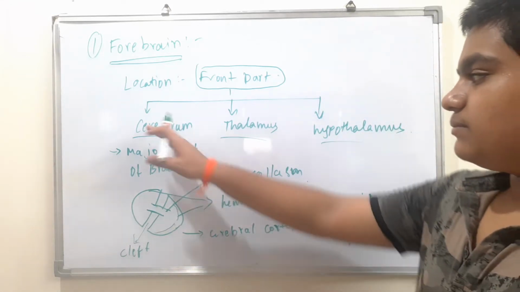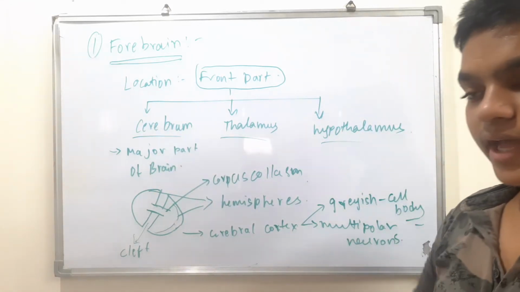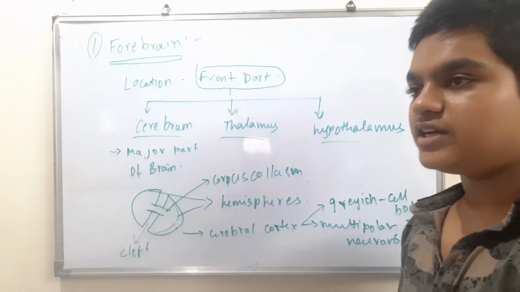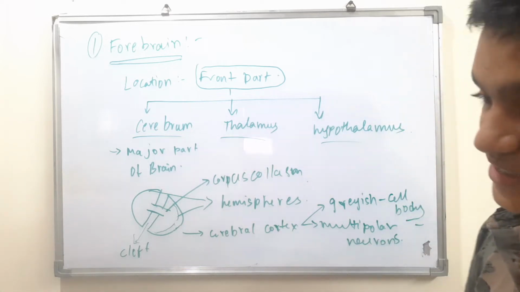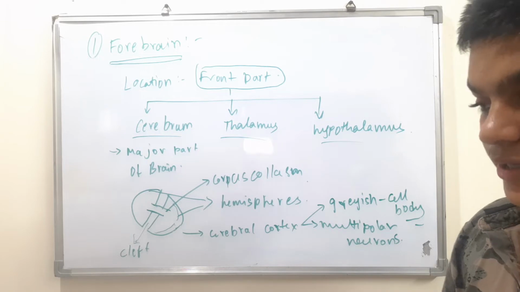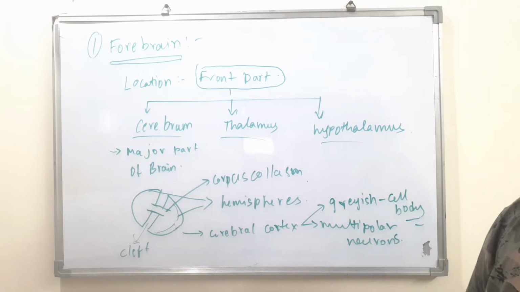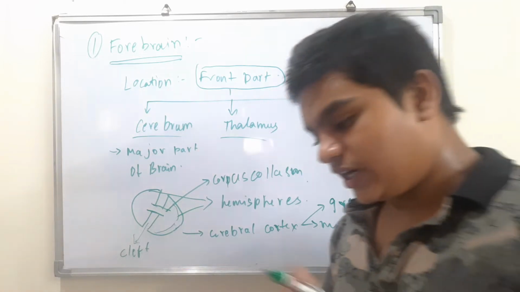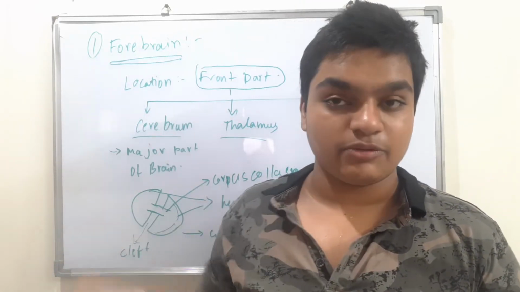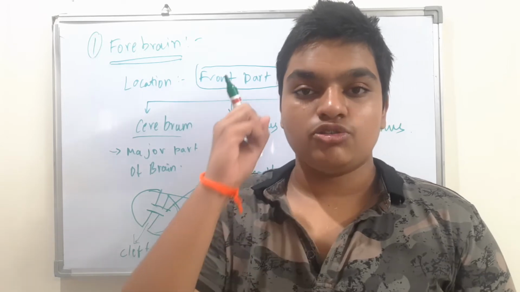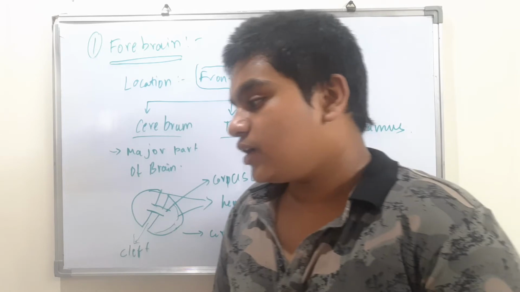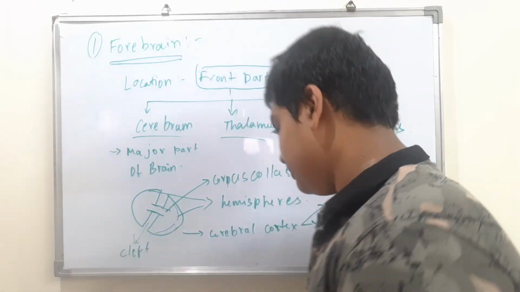Now this cerebrum is highly folded, and this cerebral cortex contains the areas for motor and sensory functions. Some areas are not associated with either movement functions or sensing functions. That is why they are called association areas, and they help in communication and memory.